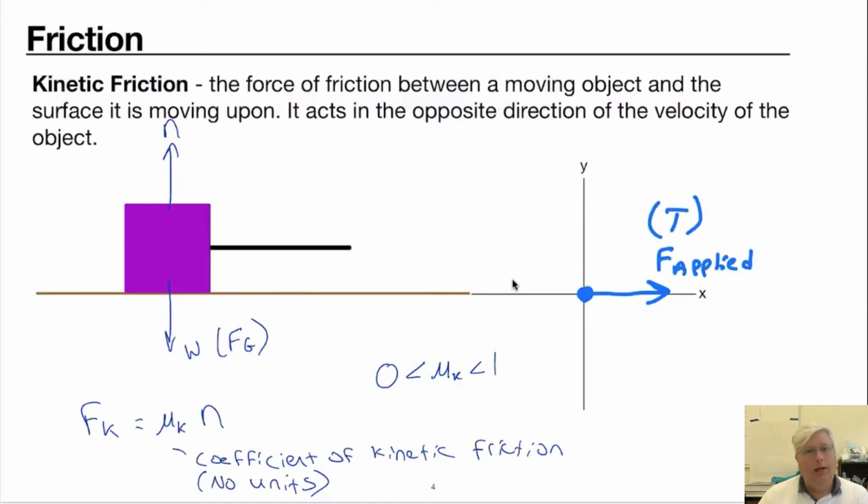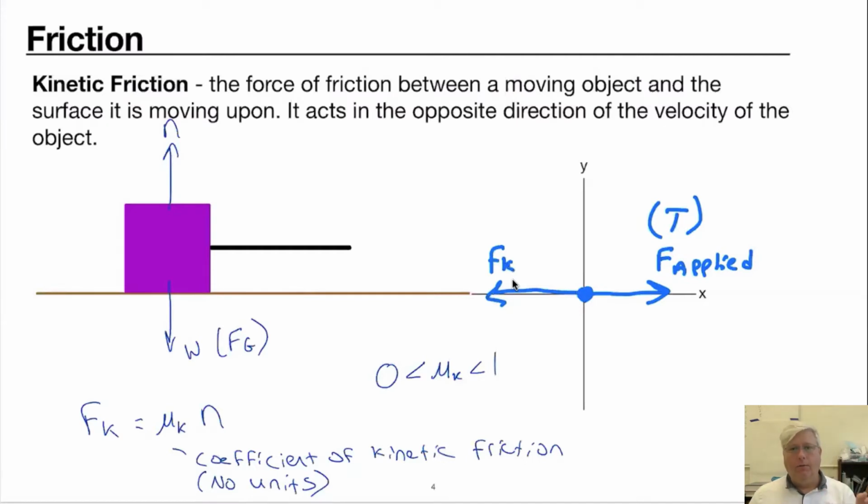And what happens is if we're pulling at a constant velocity, then kinetic friction is going to be equal. It's going to be the same amount. So if we applied 10 newtons of force of tension, then friction is going to hold back with 10 newtons if it's moving at a constant velocity.